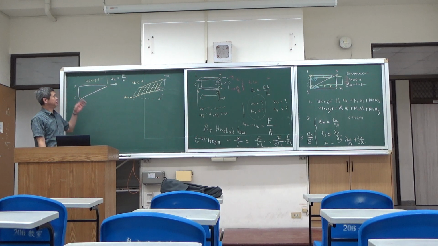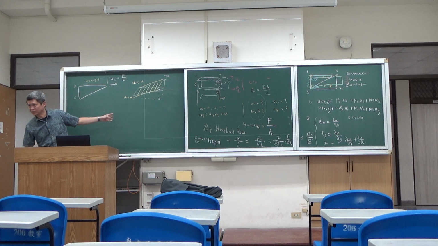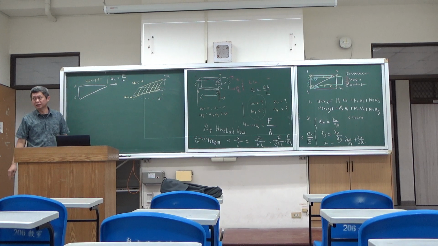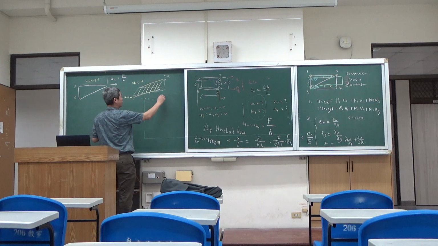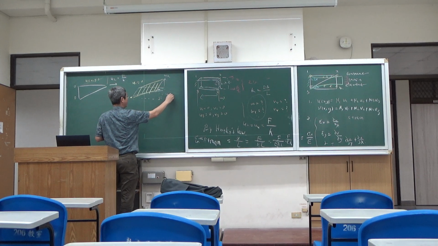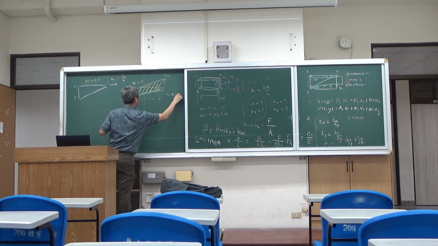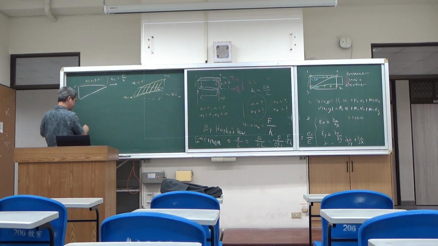This is the kind of shape function you can expect, because it's so simple. But apparently, the reality could be more complex. We might accept the fact that your U2 might not be equal to U3, might not be equal to U4.